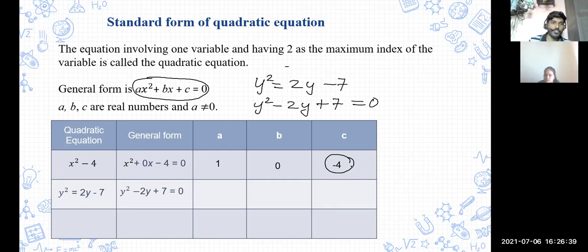Okay, now can you tell me what is A in this equation? 1. B is minus 2, and C is 7.